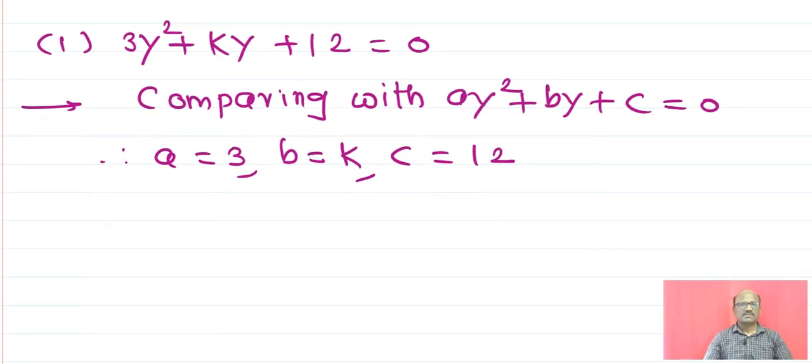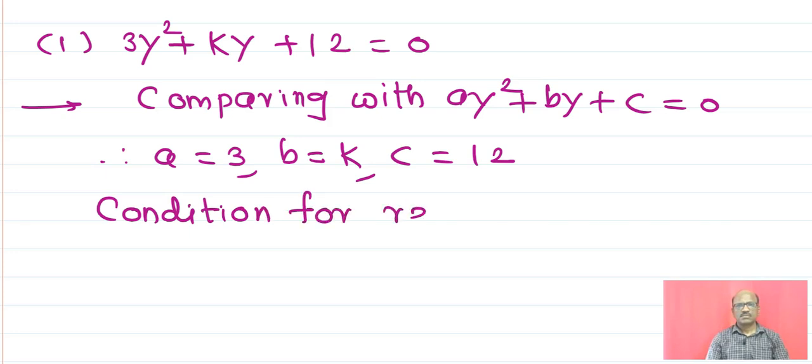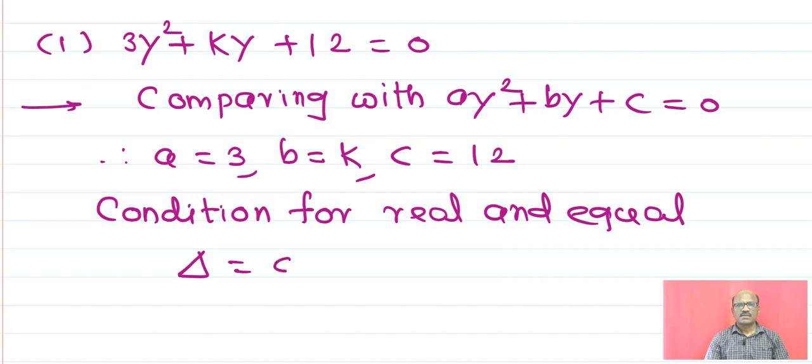Therefore, the condition for real and equal roots is b square minus 4ac equals 0.